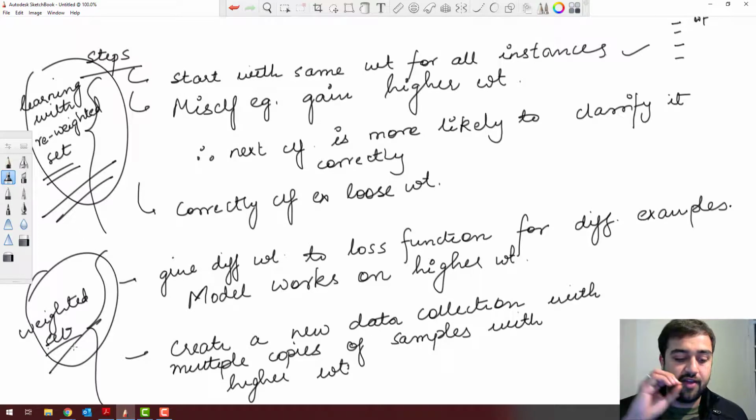So let's say every time we pick n random samples out of the data set, we include this data with the high weights, right? So every classifier can see them and is able to classify them correctly at least. If they're able to correctly classify the wrongly classified sample, then your whole model is able to correctly classify it, right? So this is how you train with a weighted set.